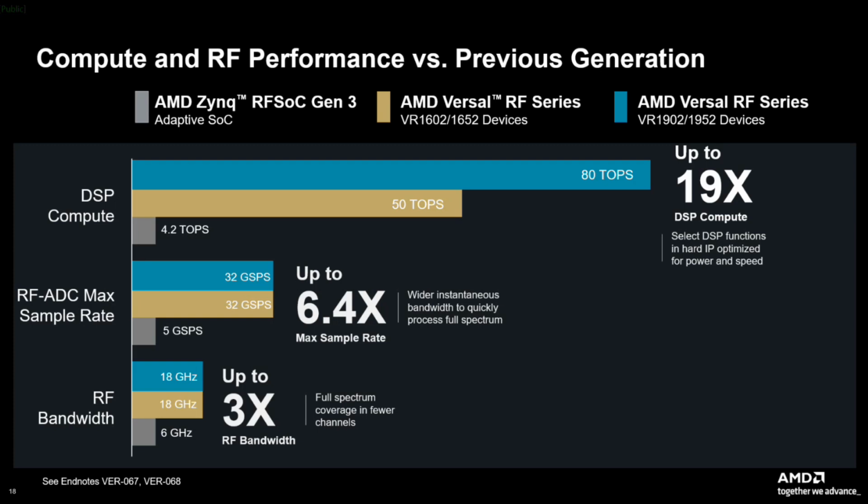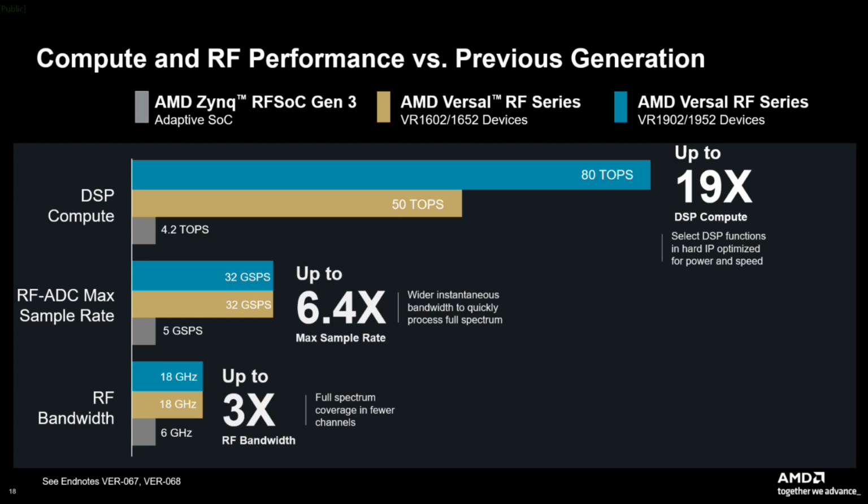So if you take a look at the RFSoC Gen 3 and then compare it to the Versal RF series, either the 16XX devices or the 19XX devices, you can see that the amount of DSP compute is up to 19 times what we have in the RFSoC Gen 3. The actual sample rate is about 6.4x higher in the Versal RF, and then the RF bandwidth is a full 3x higher, from 6 gigahertz to 18 gigahertz.